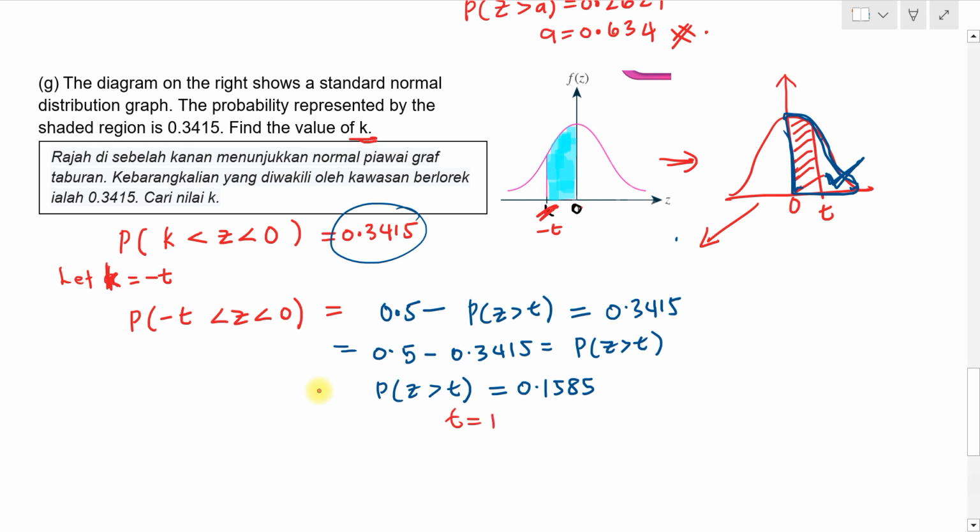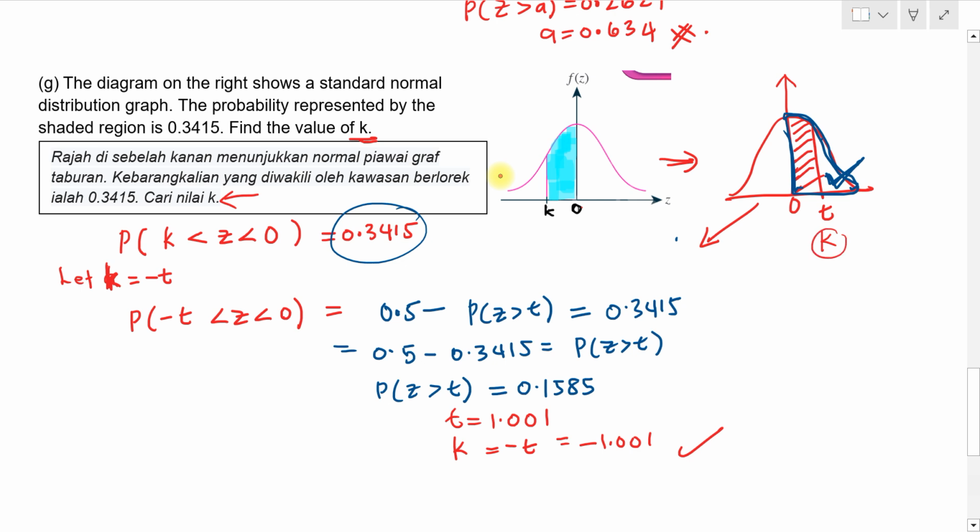your t is 1.001. However, we are not finding t. Remember, we are finding k. Remember, k equals negative t. So negative 1.001. See, k is in the negative. Why don't I use k? Because if I use k, when you reflect, you will always put k also.